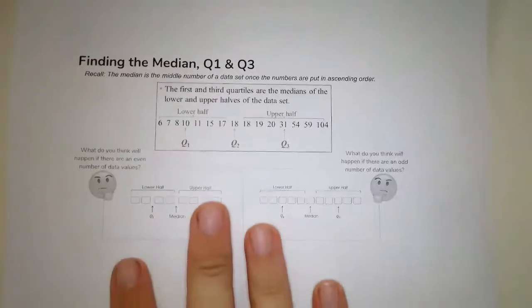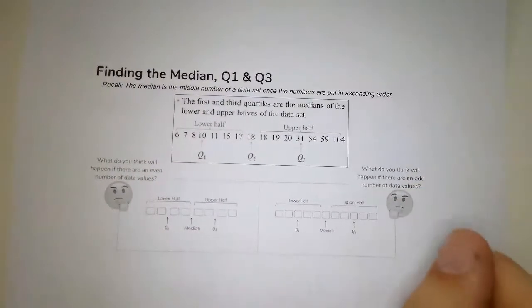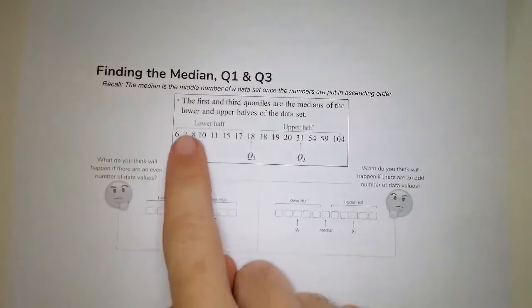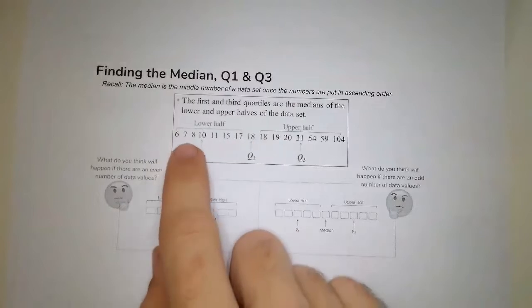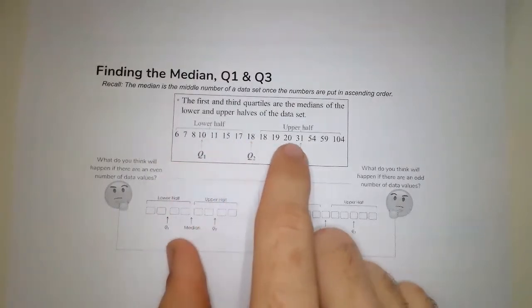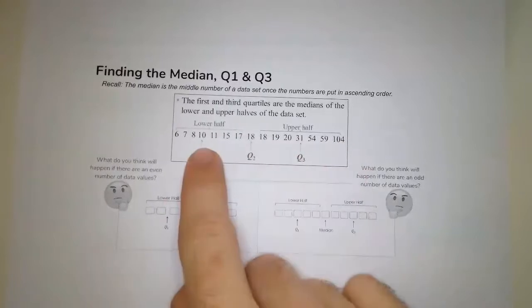There's not much to show here. This isn't really an example. It's more just to get you thinking. So in this example, it shows us the lower half and the upper half. And if we look at this, there's 1, 2, 3, 4, 5, 6, 7, 8, 9, 10, 11, 12, 13, 14. There's 15 numbers here, right?